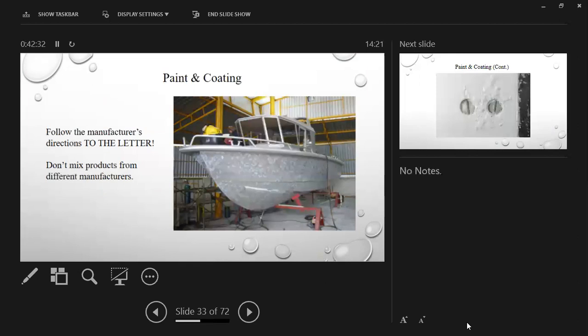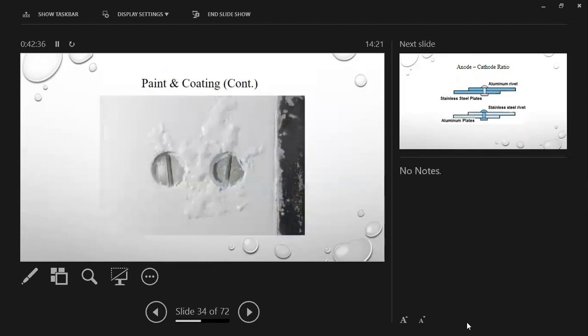And also, don't ever mix products between manufacturers. If you don't do it right, this is what you end up with. You've got a break in the coating around these fasteners, let moisture in there, and the coating has now failed.